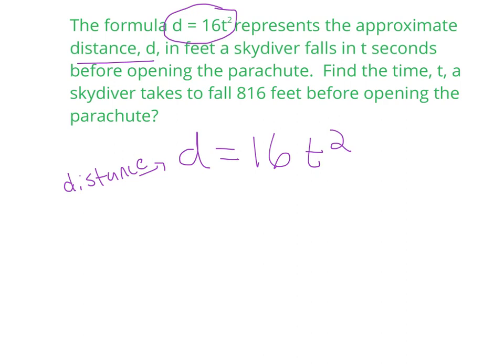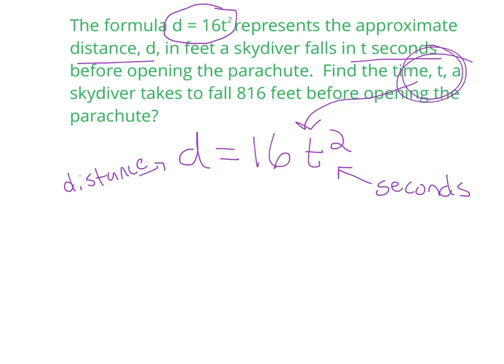In feet, a skydiver falls in t seconds. So this variable represents seconds. Before opening the parachute, it says find the time. So if I have to find the time, I'm going to be solving for t.